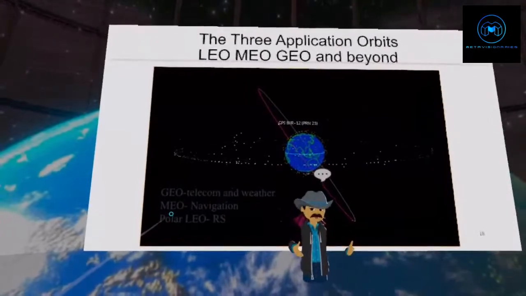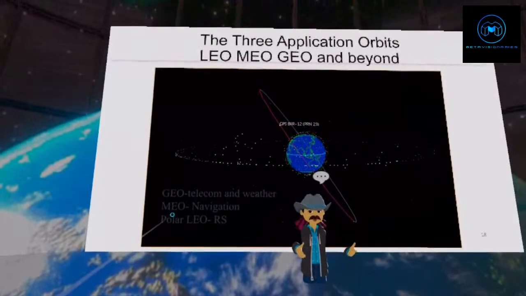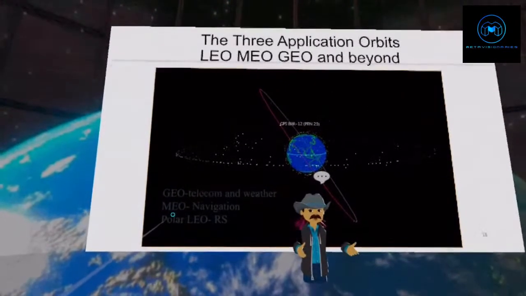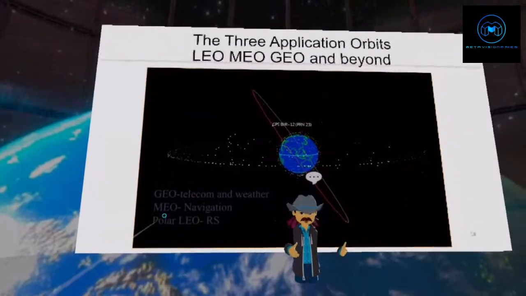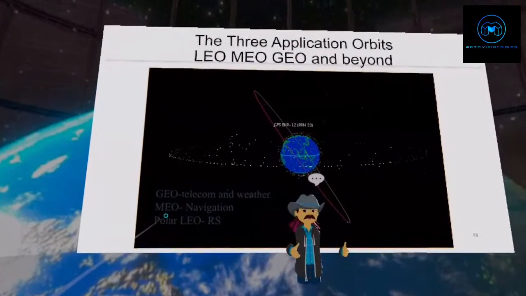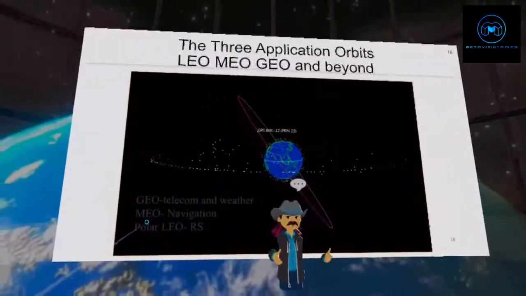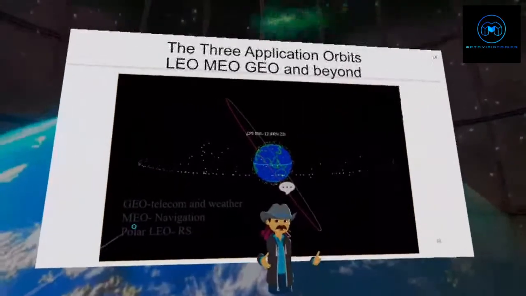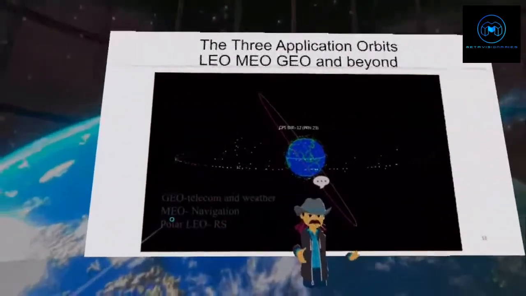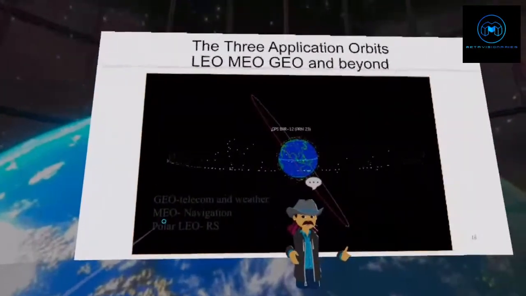This is one of the United States global positioning systems. They live in what we call MEO, and we'll talk more about that later. And then here, very close to the surface of the Earth, you see the LEO satellites, and that's very close to the Earth. That's where the International Space Station lives, and that's where most of the remote sensing and now many new telecom satellite constellations reside.